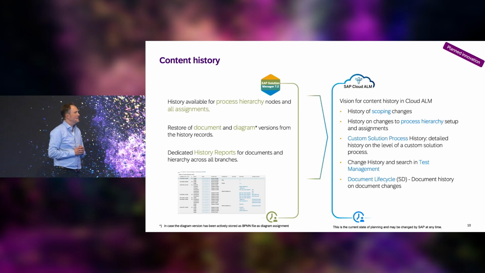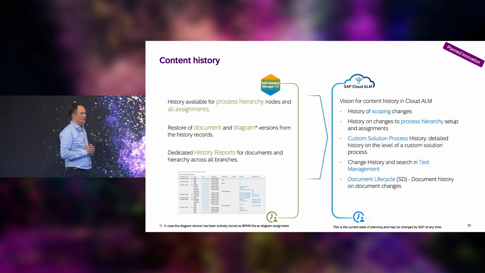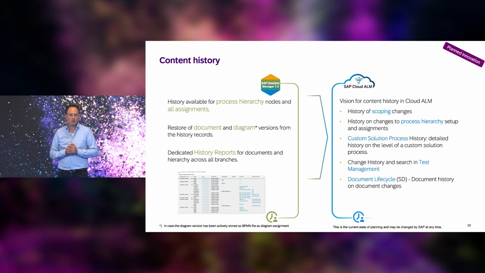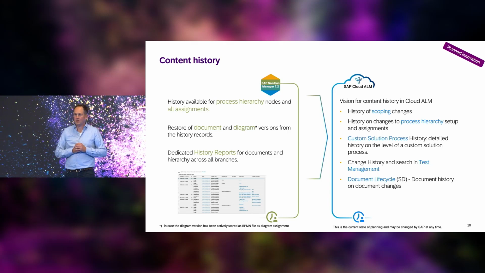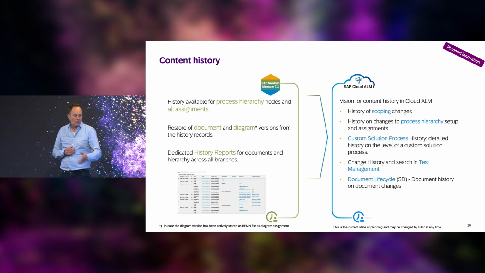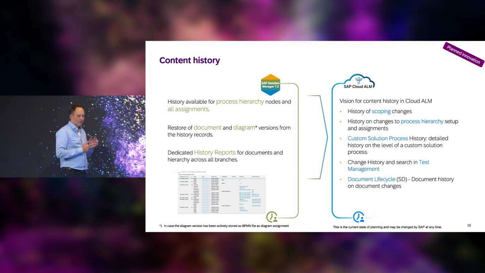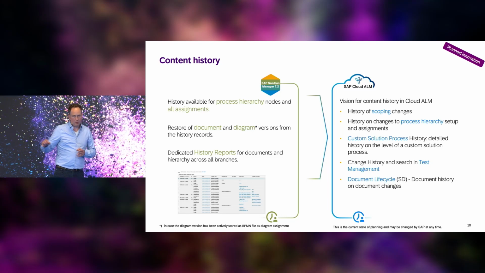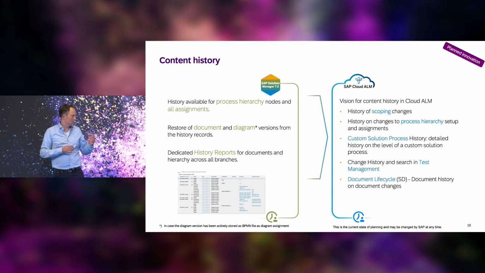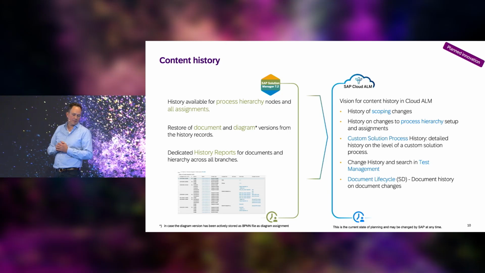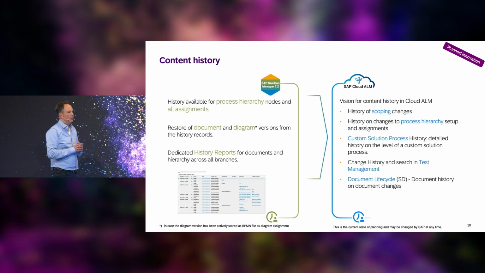What we are currently doing is rolling out history functionality to the major objects. One session this morning already heard that for projects, it's available. And for example, for scoping, for process hierarchy, for solution process, we are currently enabling history functionality, in the roadmaps, same for test management or for document lifecycle management.